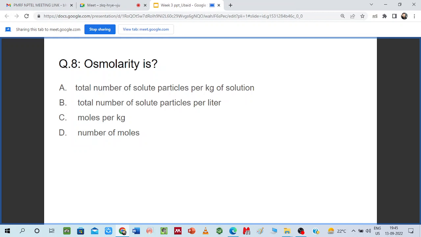Osmolarity is the measurement of solute concentration, the total number of osmotically active solute particles per liter of the solution. So the unit of osmolarity is Osm per liter, or osmol per liter. So it is a measure of the osmotic pressure of the solution, how solvent will diffuse through the semi-permeable membrane.